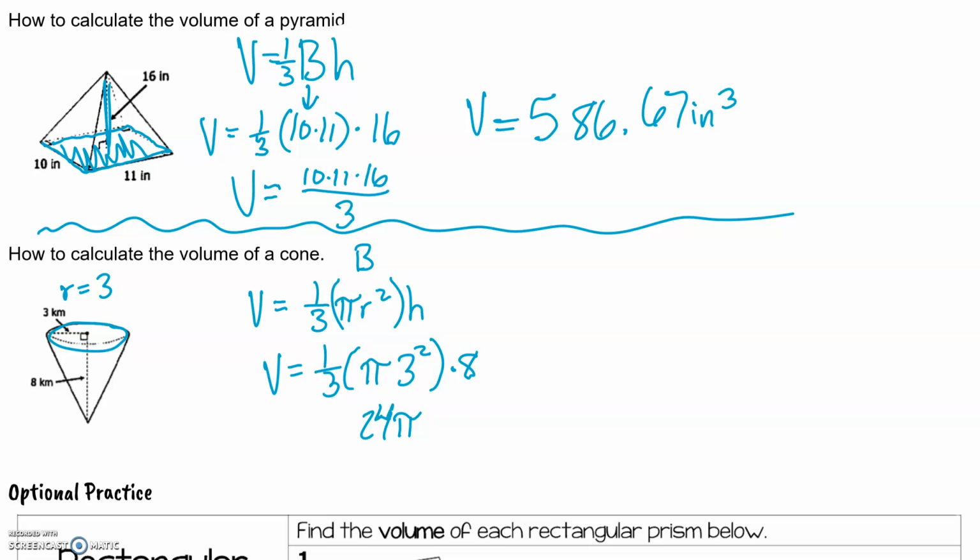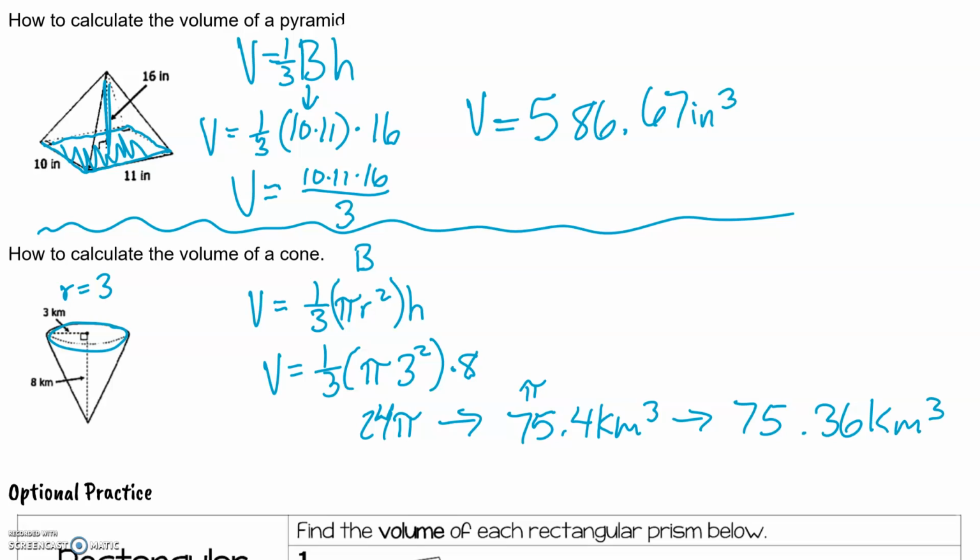Okay, if I were to use the pi button on the calculator, that would end up being 75.4 kilometers cubed. If I was using 3.14, that's going to end up being 24 times 3.14, which would end up being 75.36 kilometers cubed.